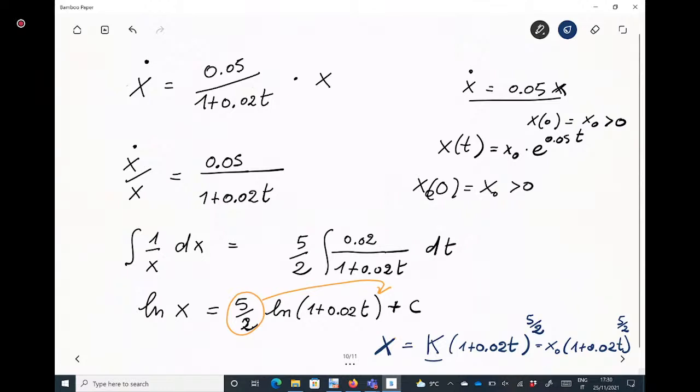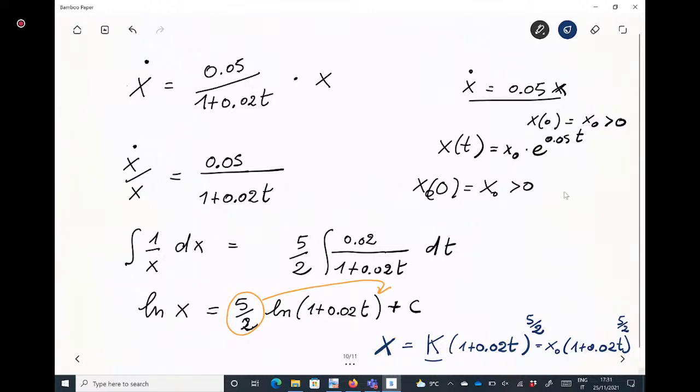This looks very different from the constant growth solution, because this is a power function of 1 plus 0.02t multiplied by the initial level of the variable, while in the constant growth case I have an exponential function of 0.05t.